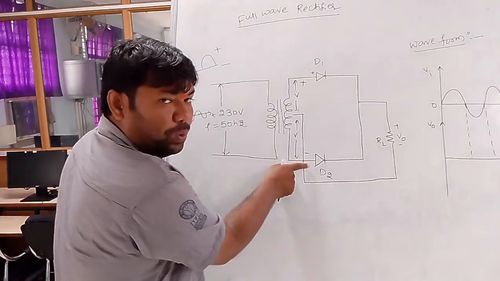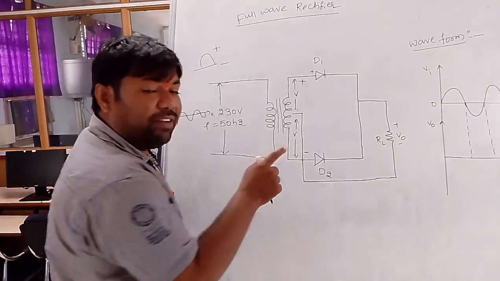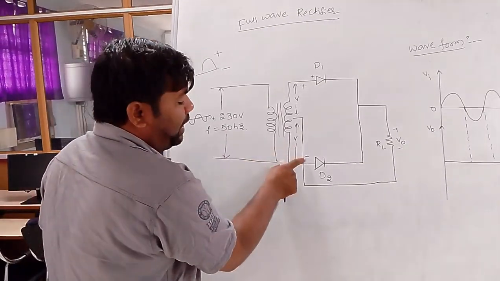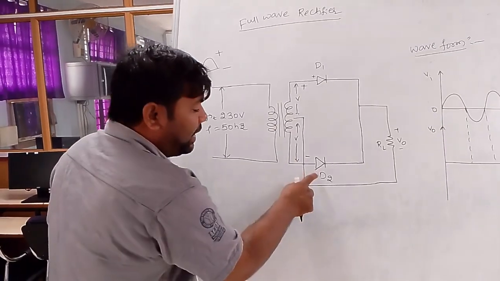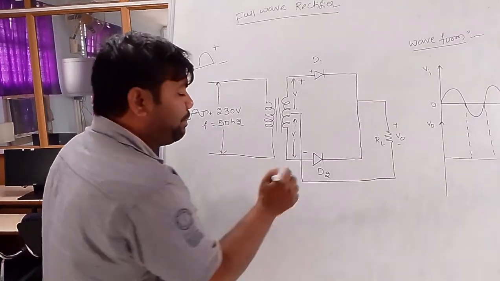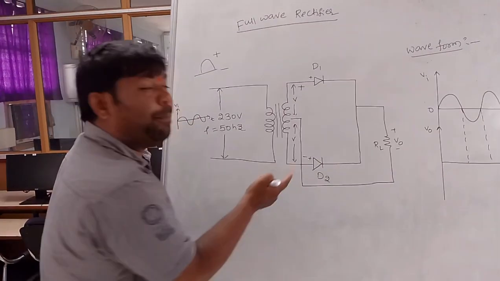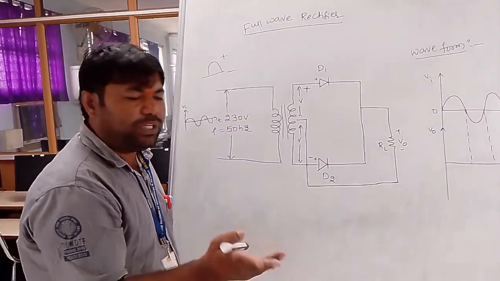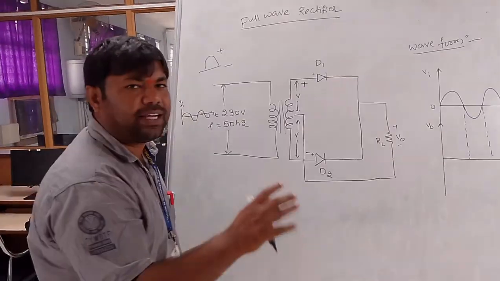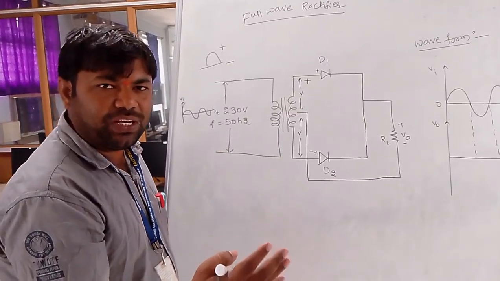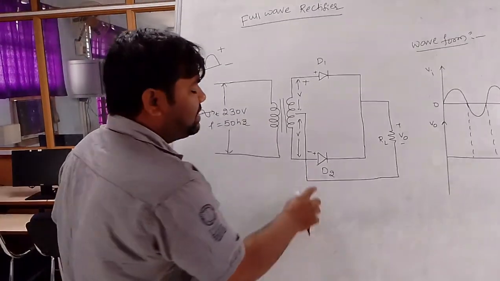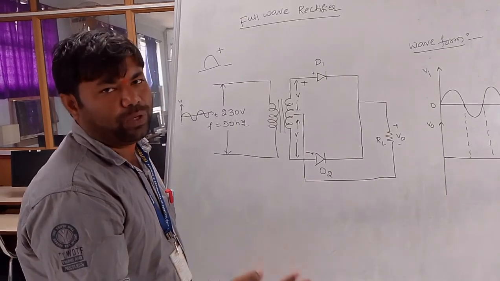Coming to diode D2, the polarity of the secondary of the input is negative. The polarity of diode D2 is positive. That means opposite polarities. Opposite polarity means this diode will act as a reverse bias condition, which means this diode will be open circuited.